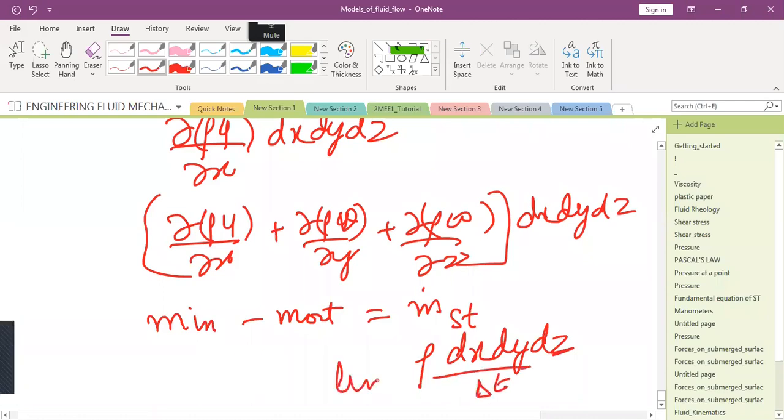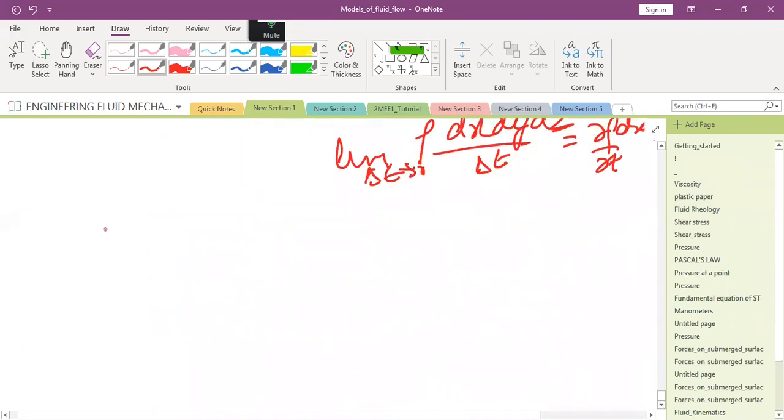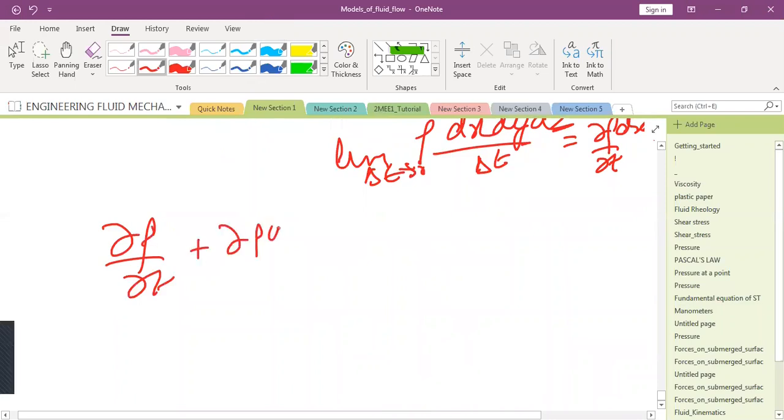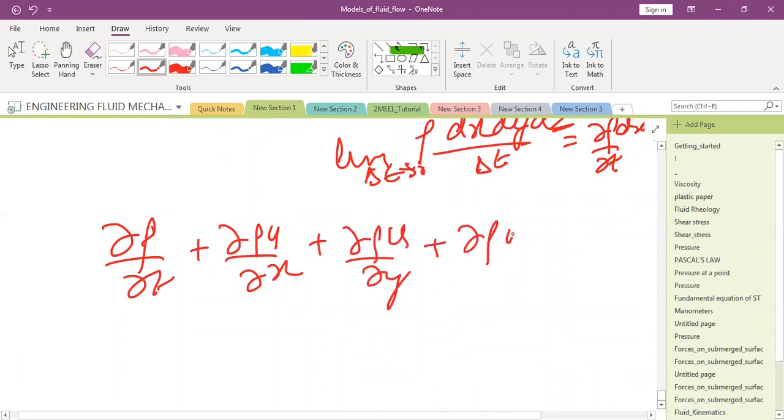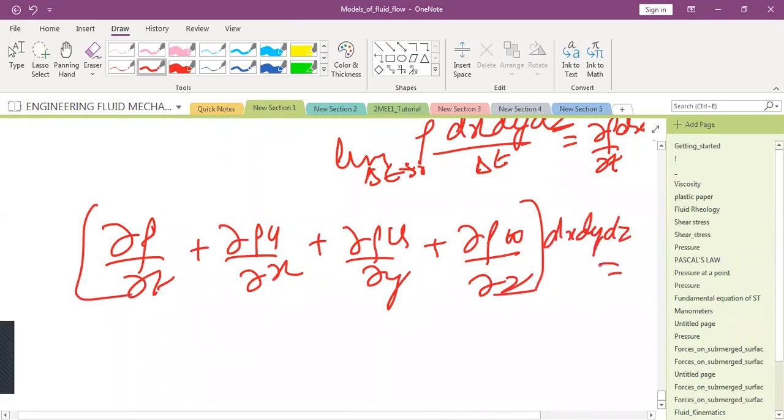In the limit delta t tends to 0, I am left with curly rho by curly t dx dy dz. So I am finally left with curly rho by curly t plus curly rho u by curly x plus curly rho v by curly y plus curly rho w by curly z, and I have here dx dy dz, is equal to 0.